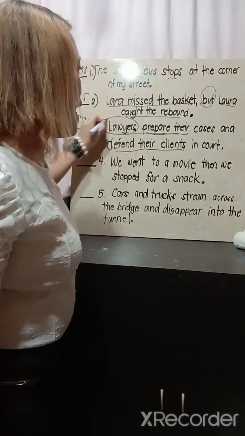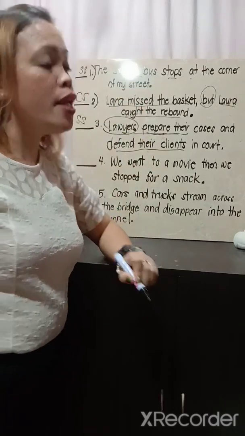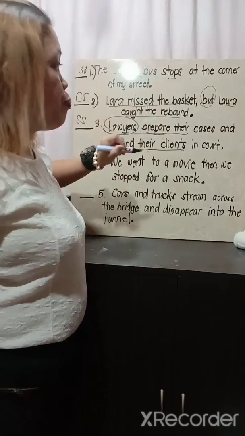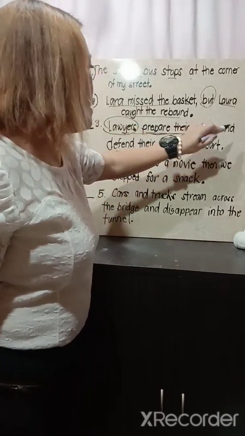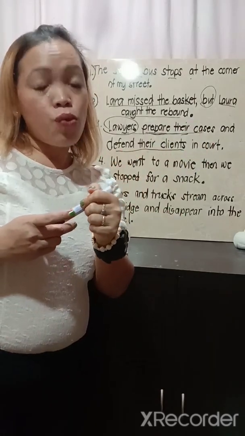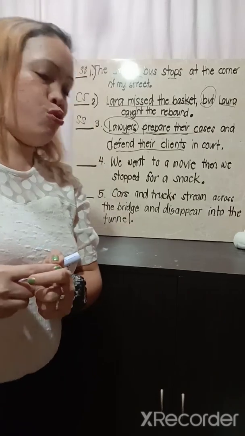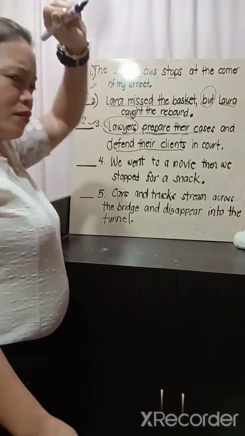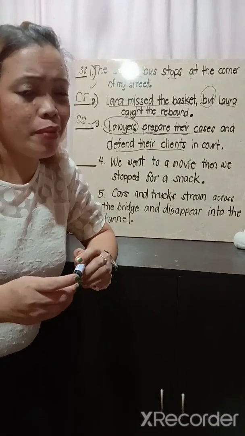But we only have one simple subject, lawyers. Then we have 2 predicates there, prepare their cases and defend their clients. But again, it only delivers one thought, and that is one independent clause. So, simple sentence. Tell me if I'm wrong, because I'm not perfect.